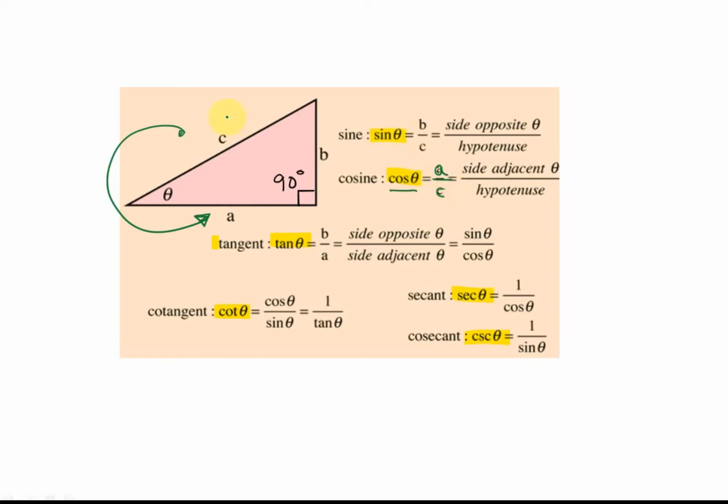How about the sine? The sine, you can write down the s like that. So this is your s. So you start from here, this is your last. So your c goes to the bottom, and then your opposite goes to the top. So b over c. Okay. How about tangent? Tangent is t.